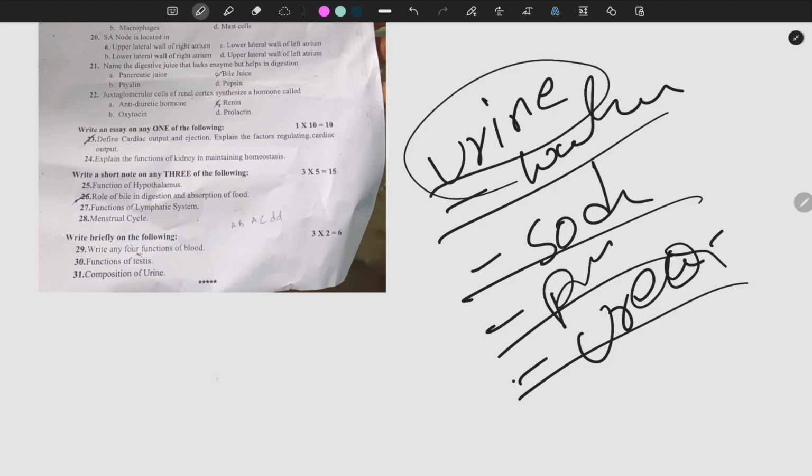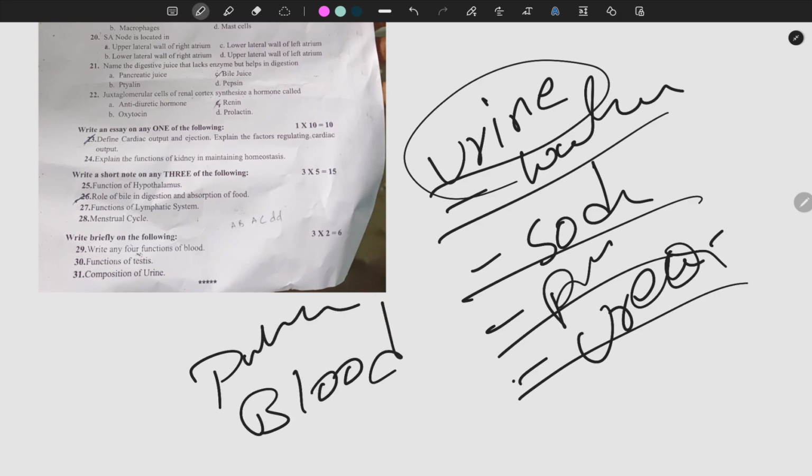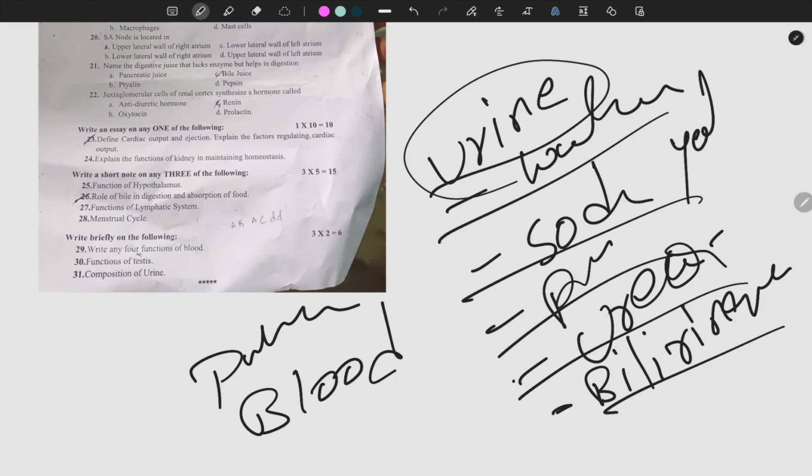In abnormal urine we have pus cells, some blood, and for example bilirubin and urobilinogen. Bilirubin is also present in urine, because that is why it looks yellow-orange in color.